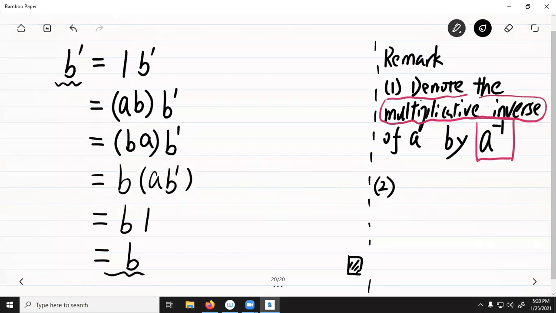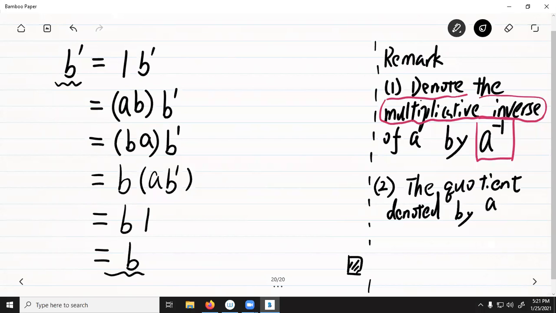Then we can define another operation which is called the quotient or the division. Okay. So the quotient, denoted by A over B.